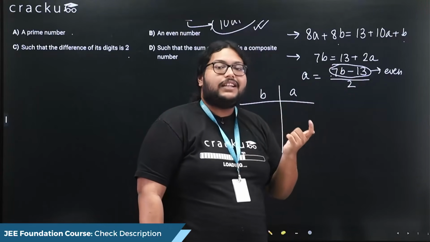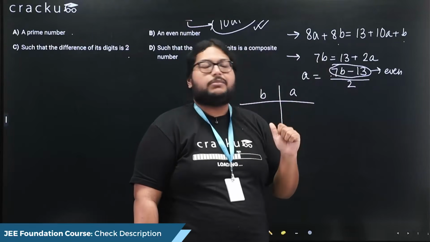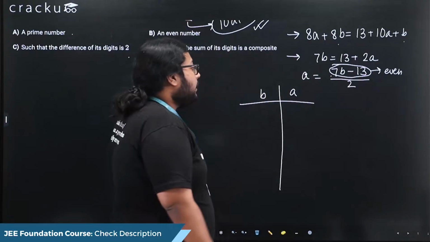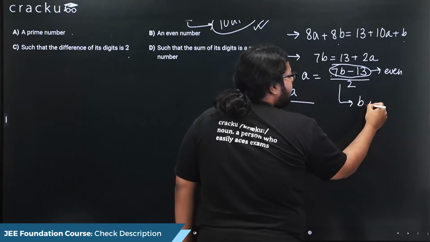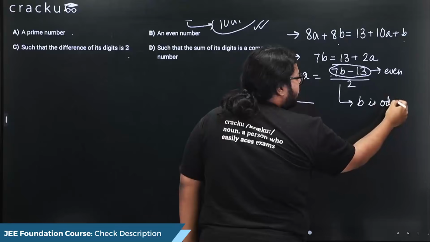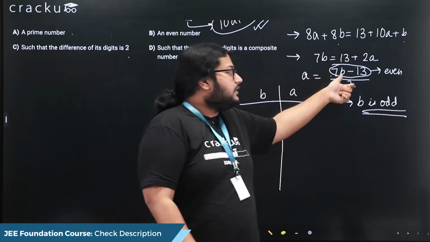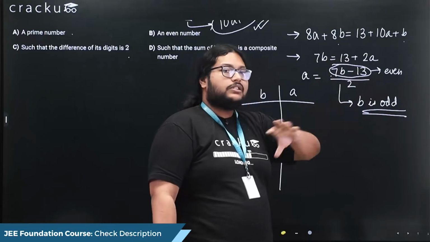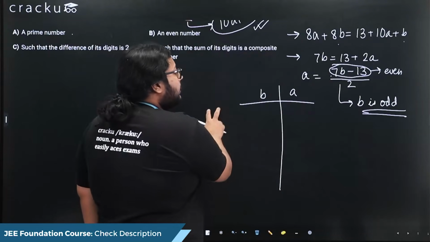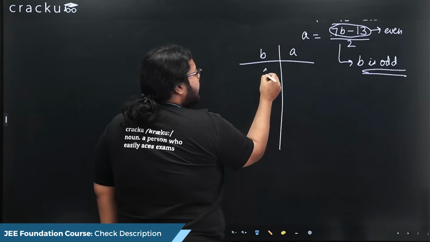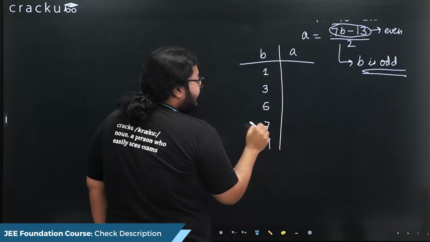If B is an even number, then 7 into 2 or 7 into 4 will give me an even number. So B is definitely odd, because if B is even, then A is not a whole number. So the possible values of B are 1, 3, 5, 7 or 9.